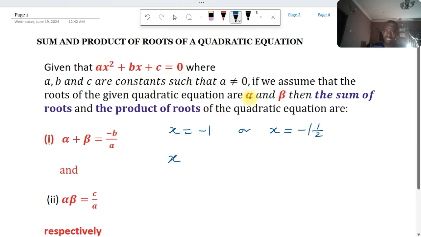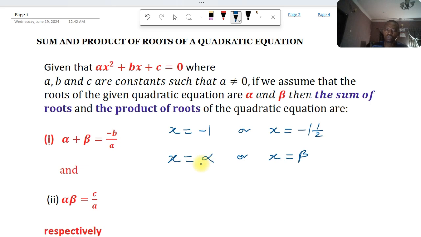We are generalizing that our outcome, our answer for x, is actually alpha or beta. So if we have the roots of the equation to be alpha and beta, then taking the sum of the outcome, that is alpha plus beta, your outcome will be minus b over a.